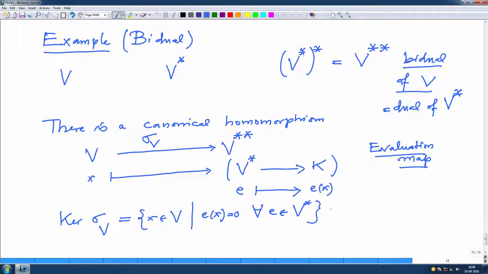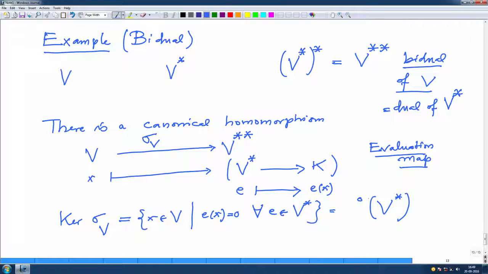But that is precisely the definition of V star left circle. Recall if W were a subspace of V star, W left circle was all those vectors in V which vanish on the linear forms in W. So this is nothing but left circle of V star.